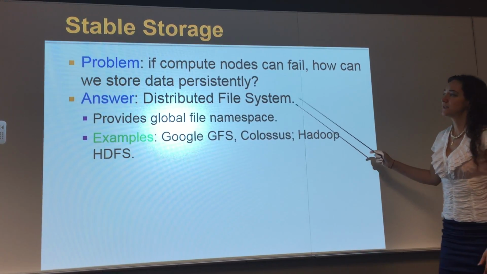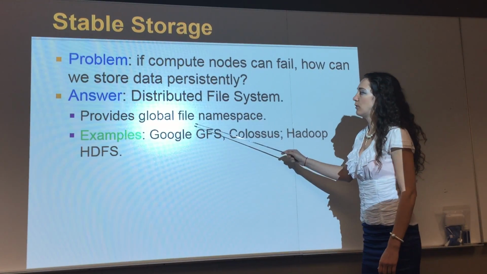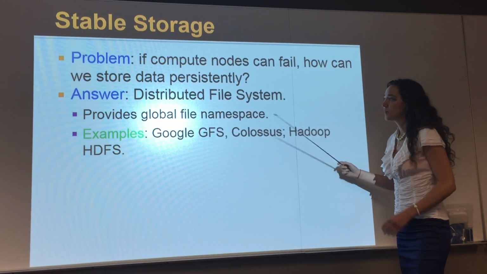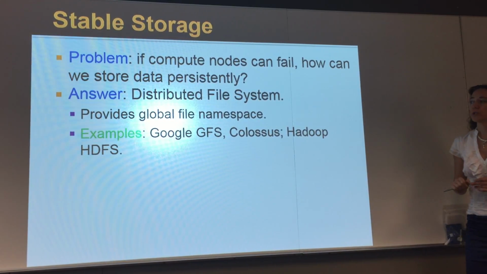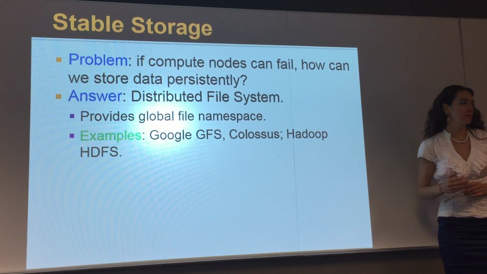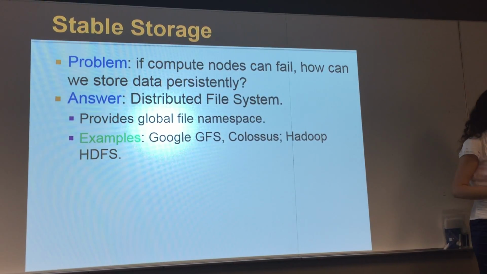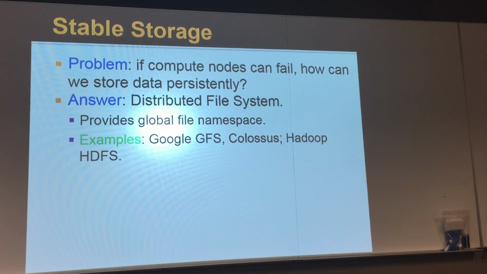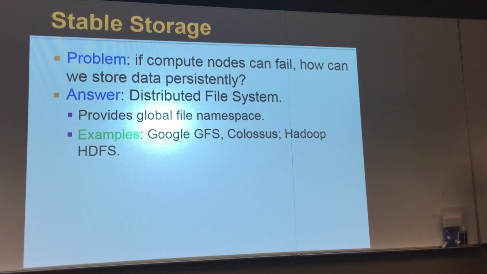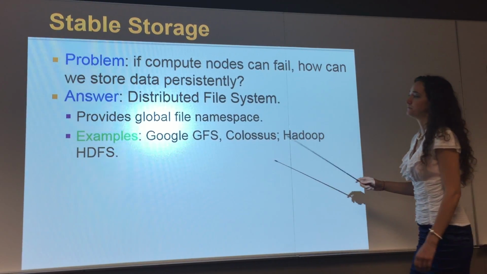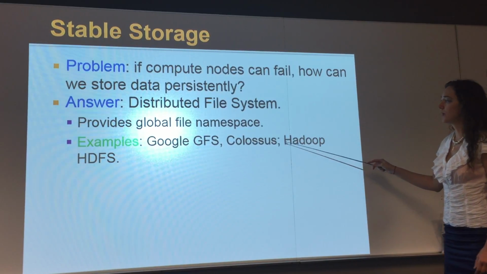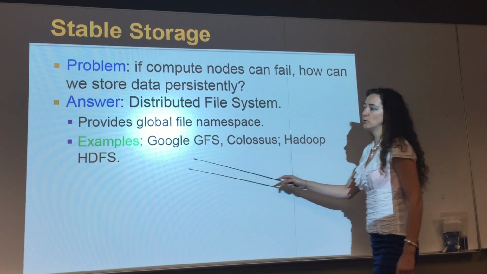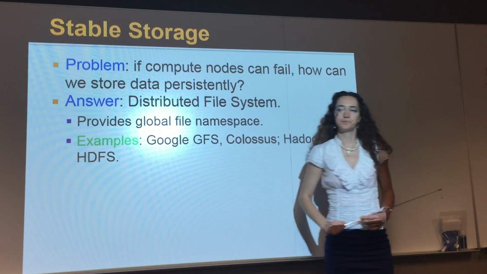This distributed file system provides a global file namespace. So the file has a global name, which can be accessed from other nodes. Some examples of this are the Google File System, Colossus, and the Hadoop Distributed File System.